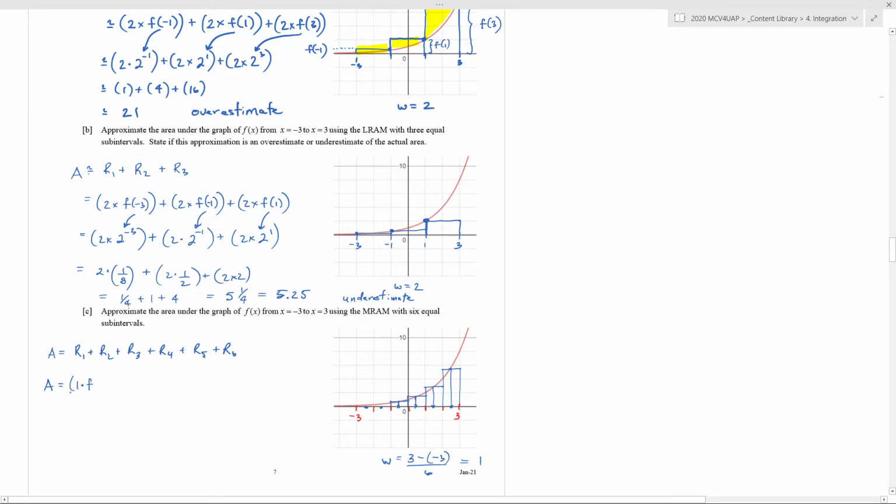The second rectangle has a width of 1 times the height, which would be f at negative 1.5. The third rectangle has a width of 1 times a height of f at negative 0.5.